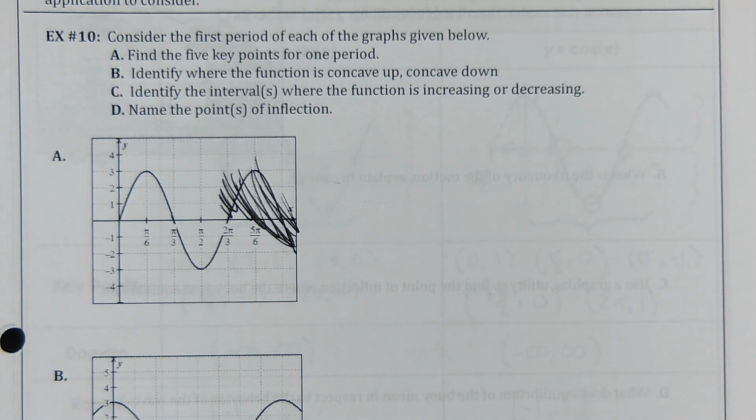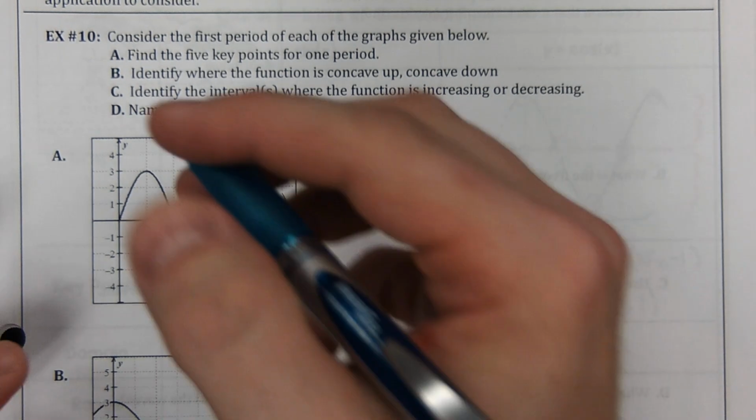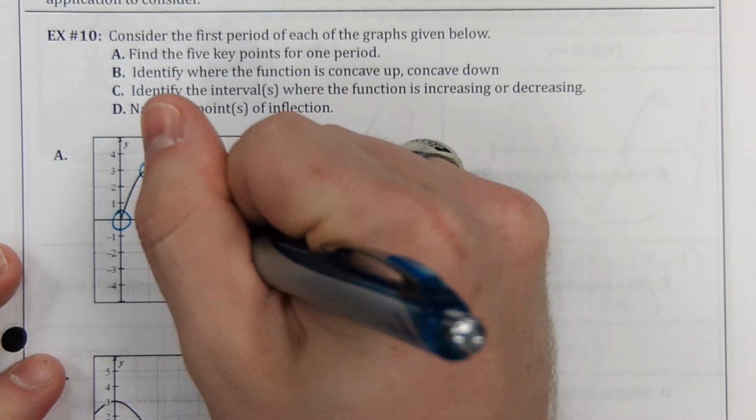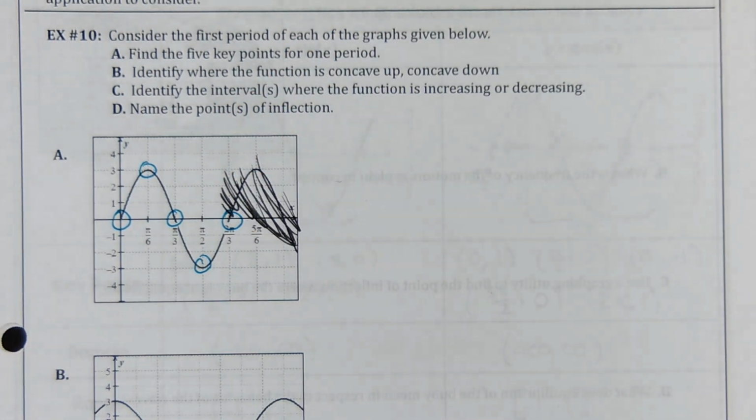It says, find the 5 key points for a single period. I'm not going to write them all down. I'm just going to circle them, because they're literally minimums, maximums, and midline hits, regardless of where that midline is. In all three of these examples, the midline happens to be on the x-axis. That just means they weren't shifted up and down. It doesn't matter.